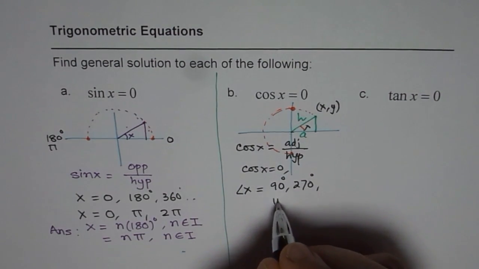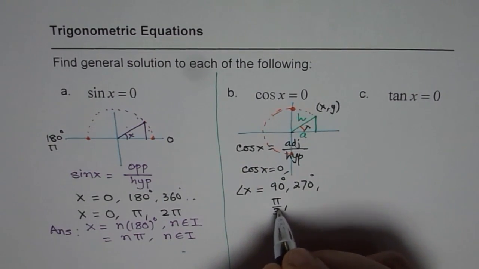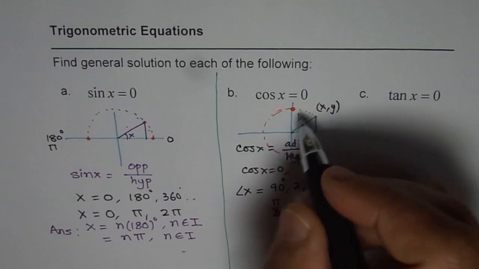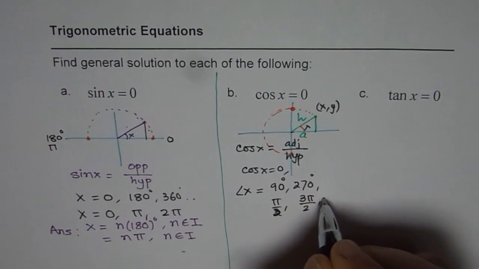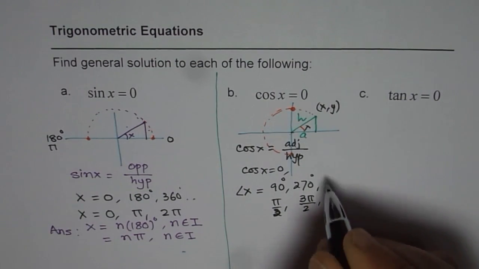In radians, it will be pi by 2, then 3 pi by 2, 5 pi by 2, and so on.